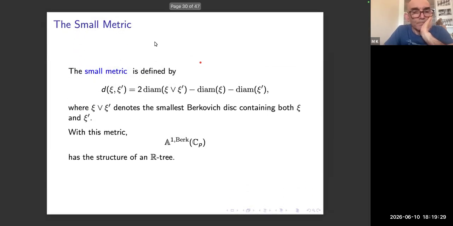So I will be talking about this Berkovich projective line. There are two metrics; one metric is only partially defined.